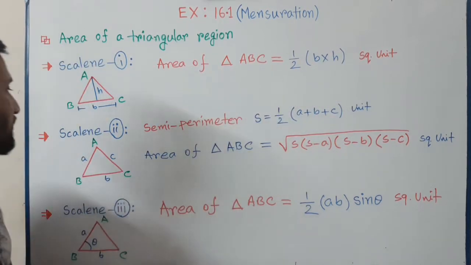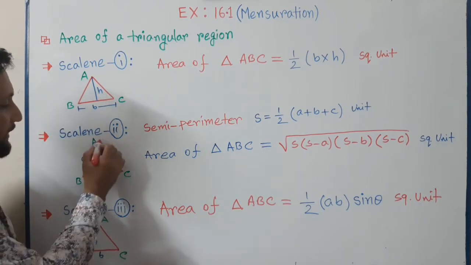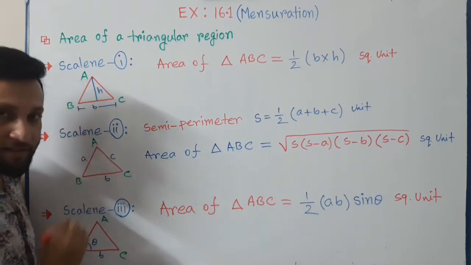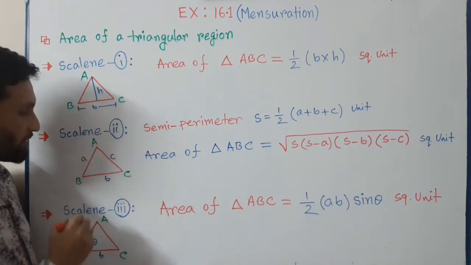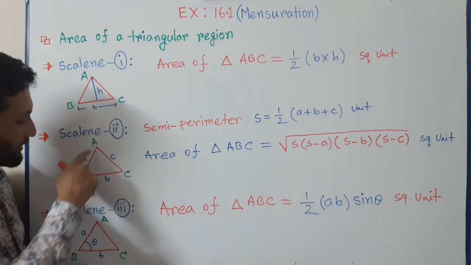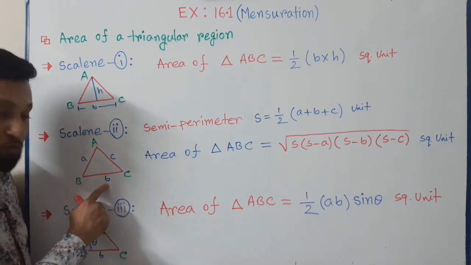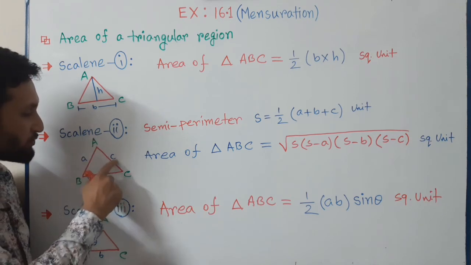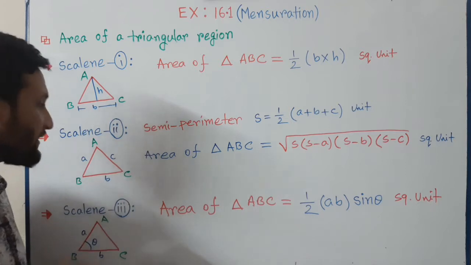Now second type, scalene 2. Suppose ABC is a scalene triangle. If three side lengths are given, suppose the first side length AB equals A, the side length BC equals B and the side length AC equals C. So three side lengths are given.